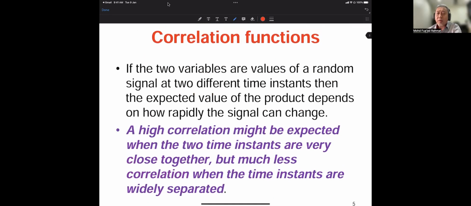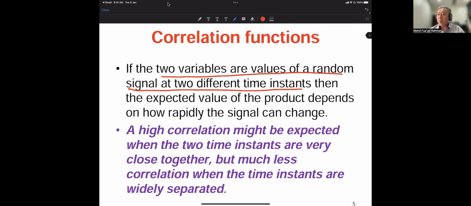If the two variables are values of a random signal, for a correlation function at two different time instances, then the expected value of the product depends on how rapidly the signal changes. So we have high correlations and low correlations.